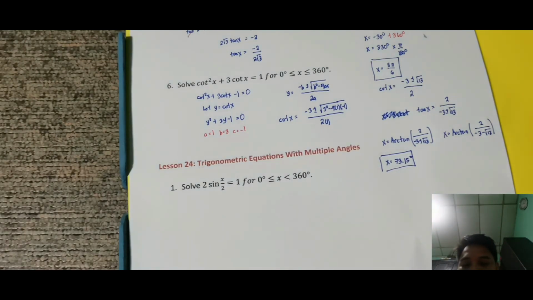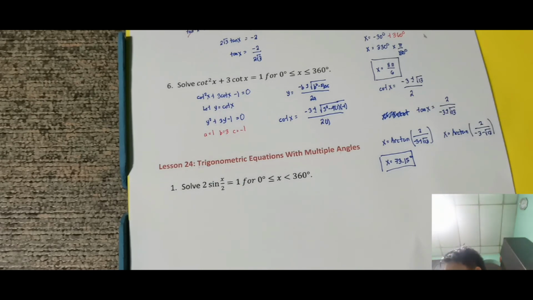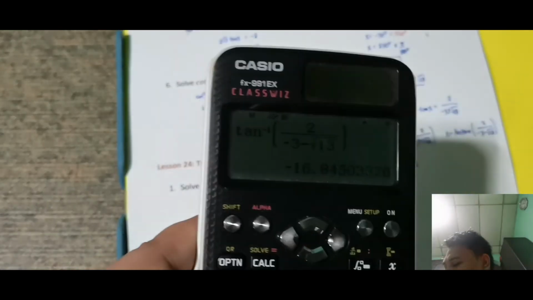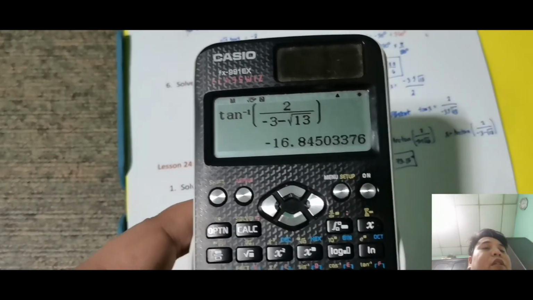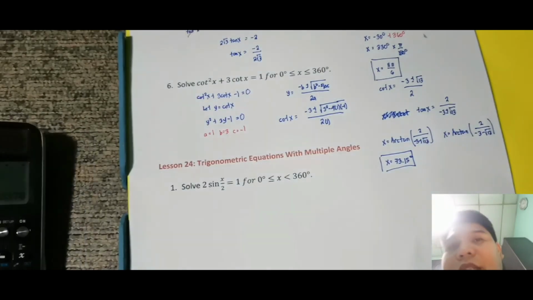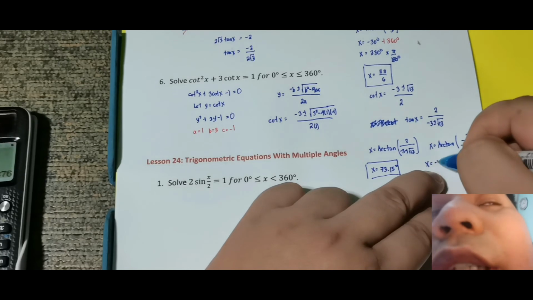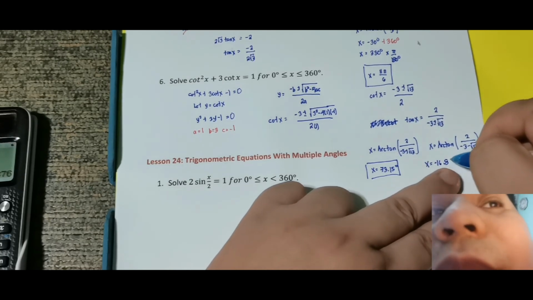Pangalawang value, that is minus. So arc tangent ng 2 over negative 3 minus square root of 13, that is negative 16.84. So plus another ulit. So x is equal to negative 16.84 degrees.